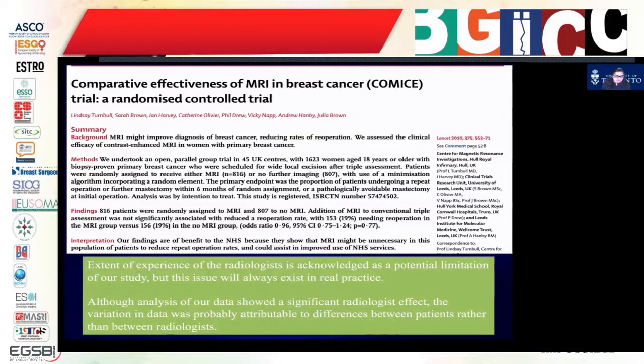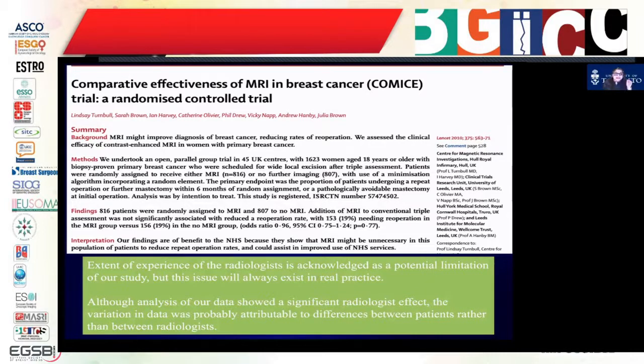It does not contribute to reduced repeat operation rates. This was performed in the UK, and there was a lot of controversy about this study, but nevertheless, they showed that it's basically useless to reduce the re-excision rate. So MRI did not impact re-excision rate.